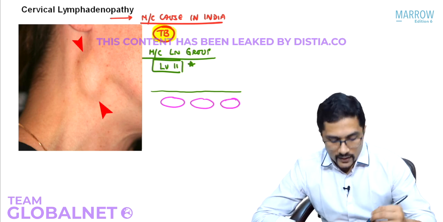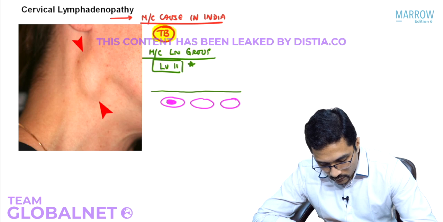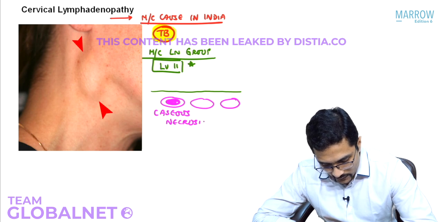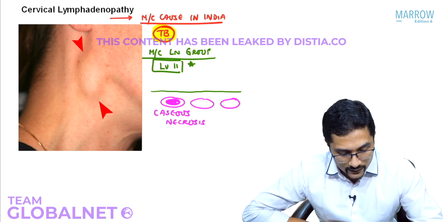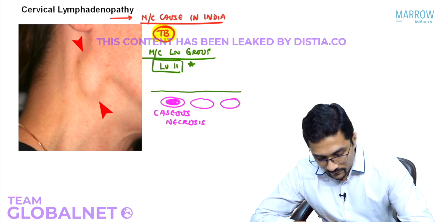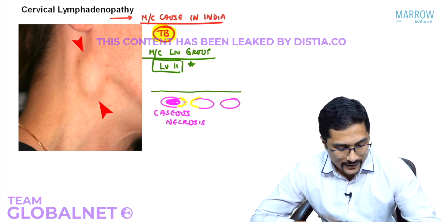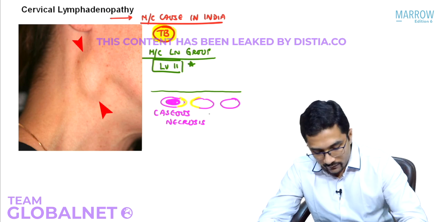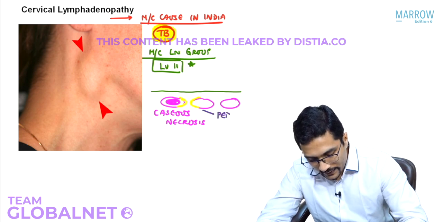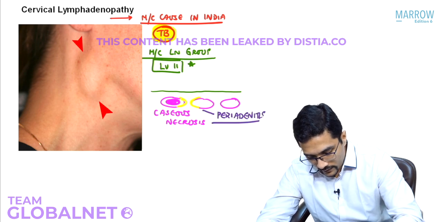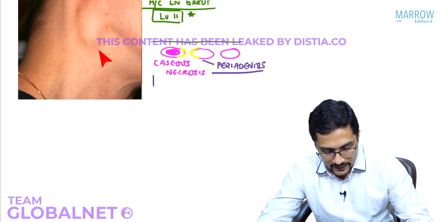When the tubercular infection occurs, you know which necrosis occurs? Caseous necrosis occurs in the lymph nodes, and the wall of the lymph node also becomes inflamed. This surrounding inflammation is known as periadenitis.